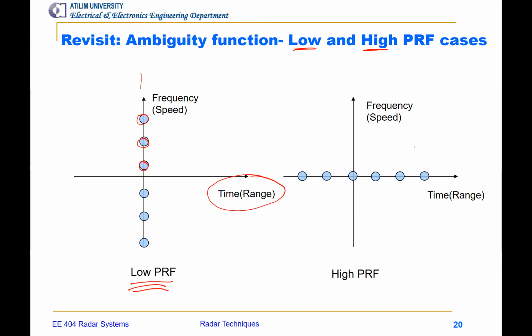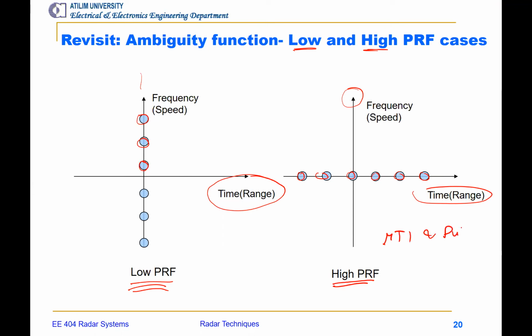On the other end, for high PRF, we have ambiguities over the range axis, while no ambiguity over the speed axis, right?